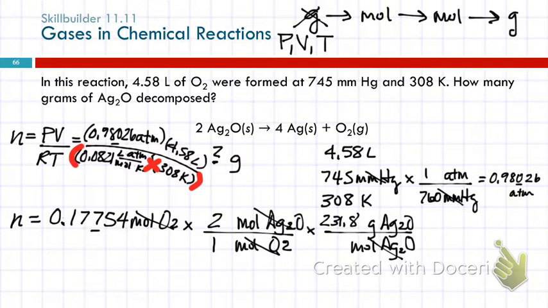Okay, 0.17754 times 2 times 231.8. Looking at sig figs, 3 sig figs, 82.307, 82.3 grams of silver oxide.